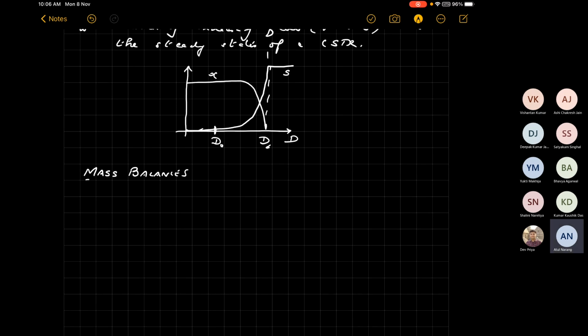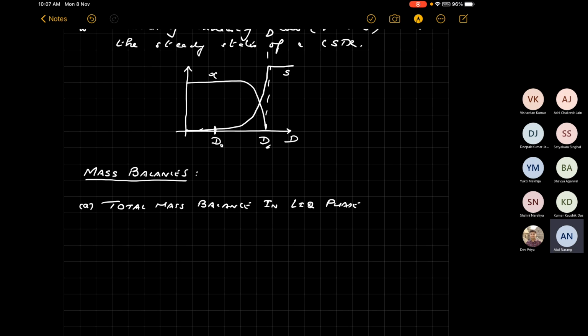So the first thing that I want to show is, this is obvious, this relationship is kind of important. This is the total mass balance. By the total mass balance, I mean I'm taking a look at the liquid phase.